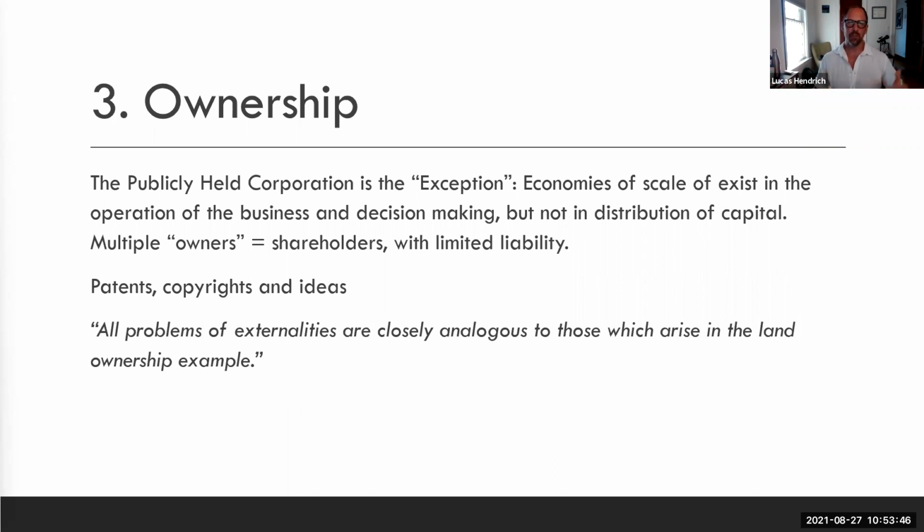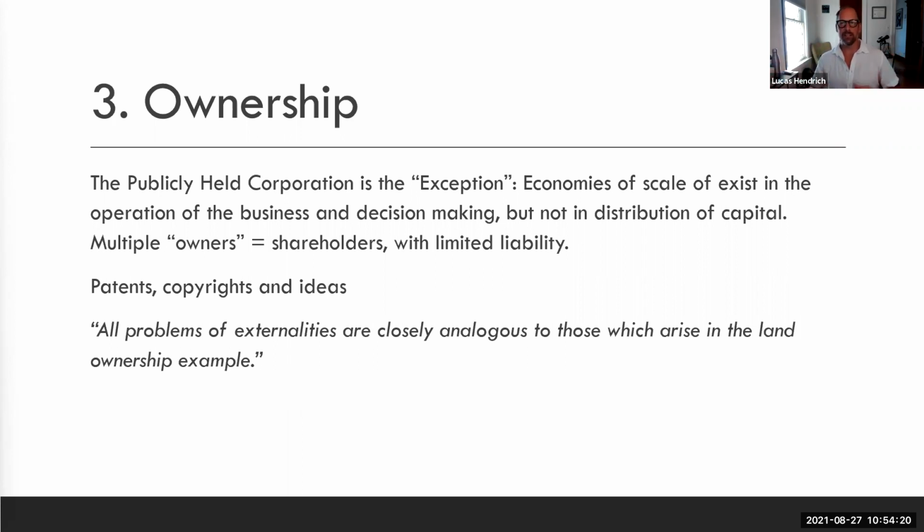Land is capital, whereas a company has an operation, and making decisions within that operation would be very inefficient if it included everybody who owns it, so all the shareholders in essence. So they entrust that to a managerial group. Also, the liability: if something happens with that company, are all the shareholders liable? No, there's limited liability.